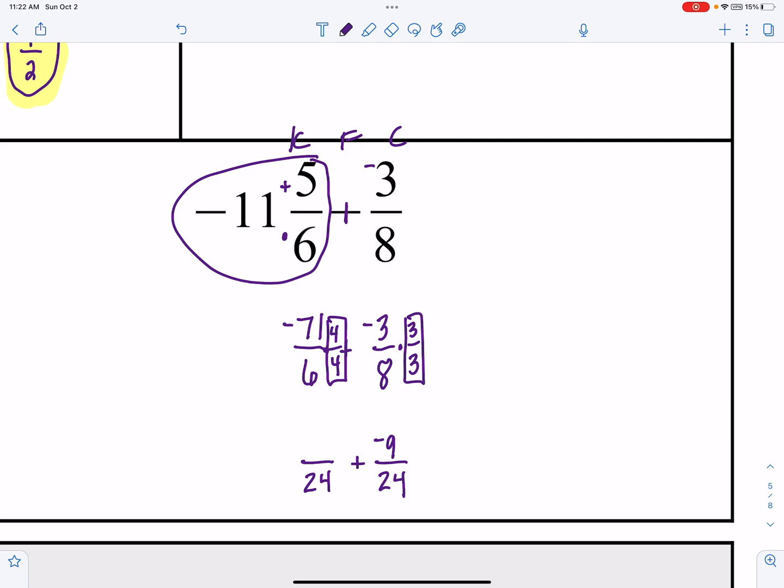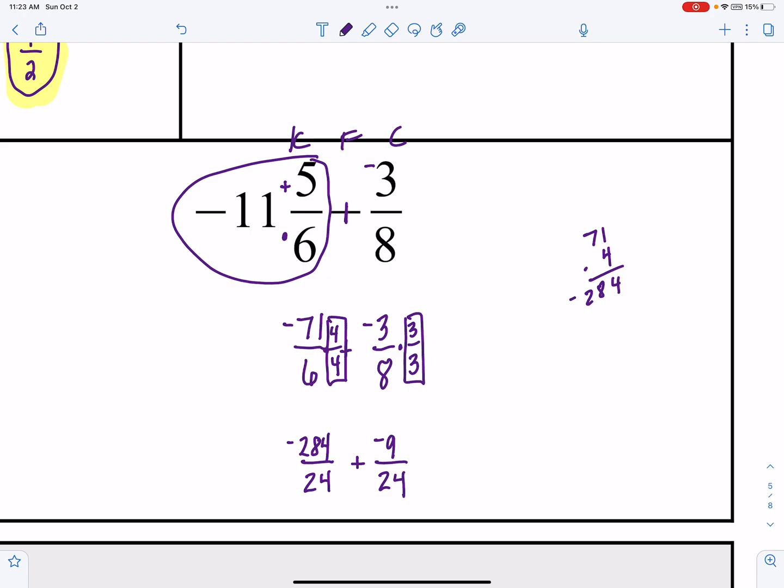And then negative 71 times 4. I don't know that in my head real quick, but I'm going to write it down. So 4 times 1 is 4, 4 times 7 is 28, and that's still negative. So we have negative 284.